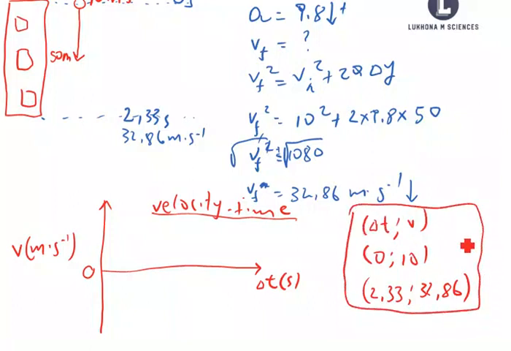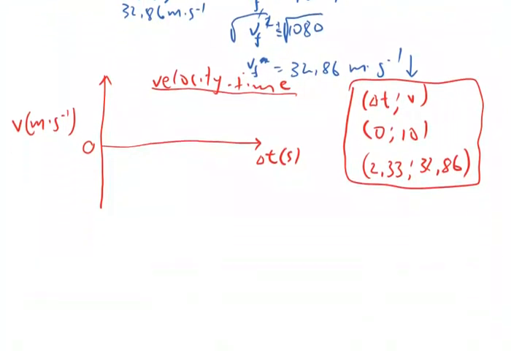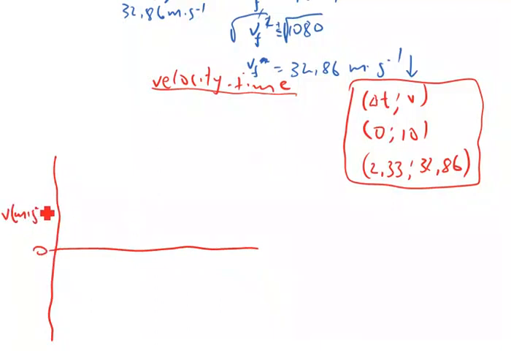So we are going to plot them, and remember, this is a linear function. Okay, let me draw a bigger one here. So we have the y-axis and the x-axis, and it's 0 here. So this is the velocity in meters per second. Then this is the time in seconds. Let's start with x. On x, we have 0 and 2.33. 0 is there already.